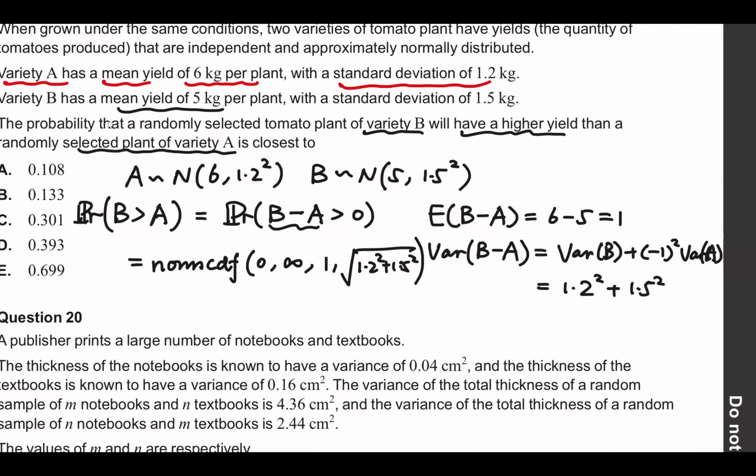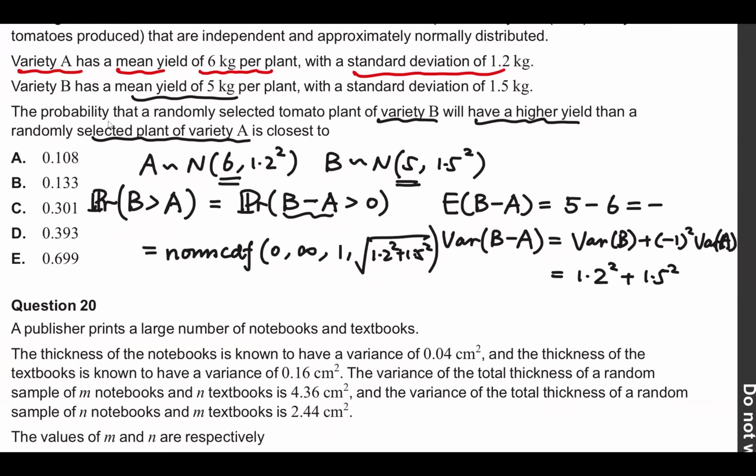I see. This should be 5 minus 6 rather than 6 minus 5. So fix that. It's the second mean value subtracting the first mean value, okay? Which is -1. So this should be -1.